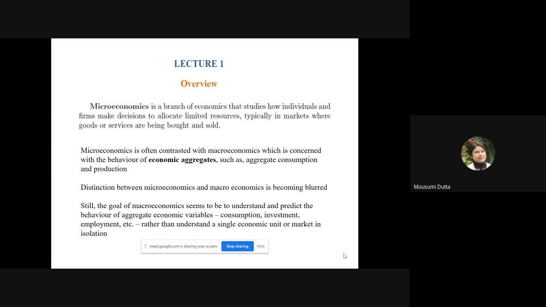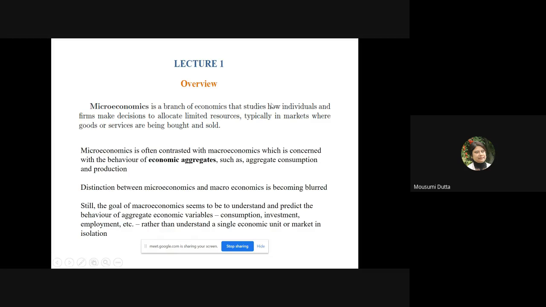From the slide, you are finding that microeconomics is a branch of economics that studies how individuals and firms make decisions to allocate limited resources, typically in markets where goods or services are being bought and sold.